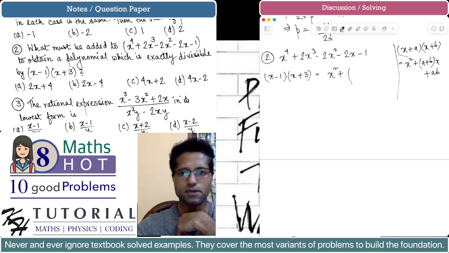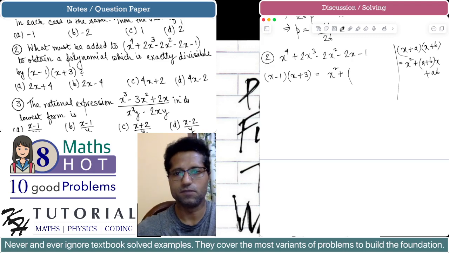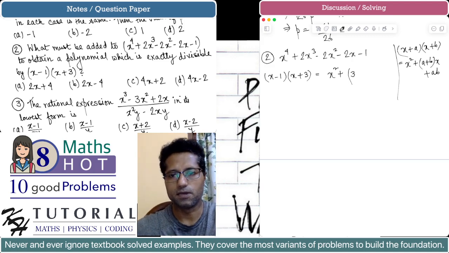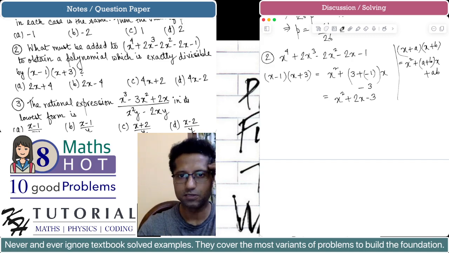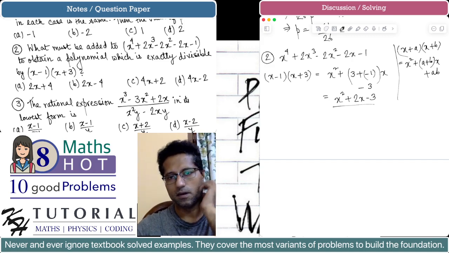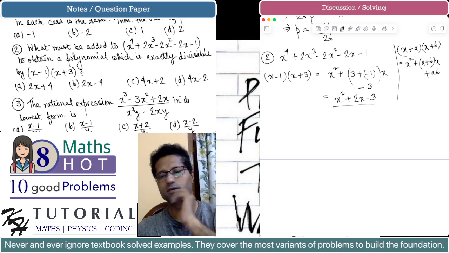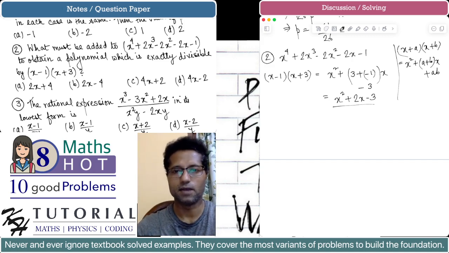So x minus 1 multiplied by x plus 3 will be x square plus 3 plus minus 1 x minus 3. This is equal to x square plus 2x minus 3. So this will be a factor of the given polynomial after we add some algebraic expression to it, and that algebraic expression we have to find.